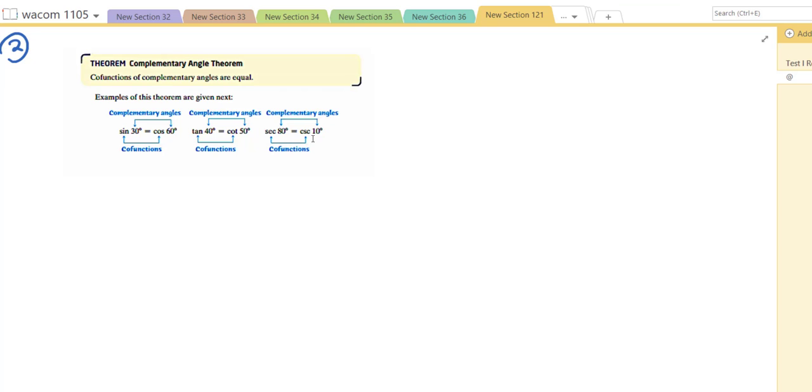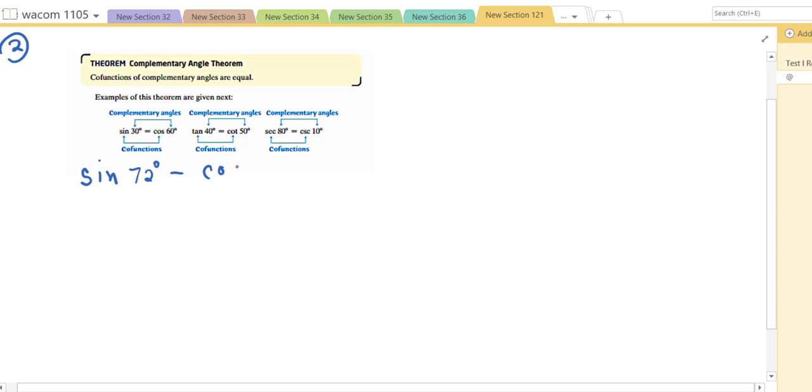So if I had a problem like sine of 72 degrees, a weird one that we're not necessarily going to know, minus cosine of 18 degrees, and they say don't use a calculator, so figure it out.